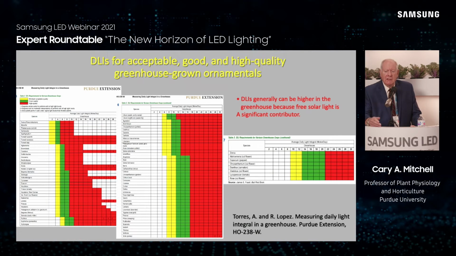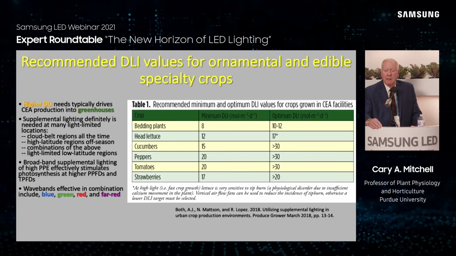And then the red is your very high quality product that you're going to sell. And you can see how it varies by species and cultivar. And for high quality, we're talking about some very high DLIs here, around 30. And if you're going to do that in a greenhouse where your DLI is somewhere between 5 and 10, you need a lot of help from supplemental lighting.